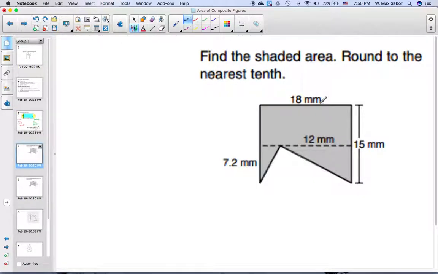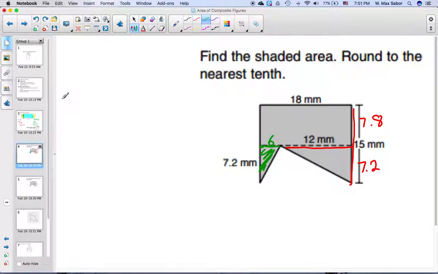For this one, let's try doing the exact same thing. Let's look at the triangle separately from the rectangle. So this is going to be 7.2. By subtracting from the 15, this will be 7.8. This is 12. And then by subtracting from the 18, this will have to be 6.